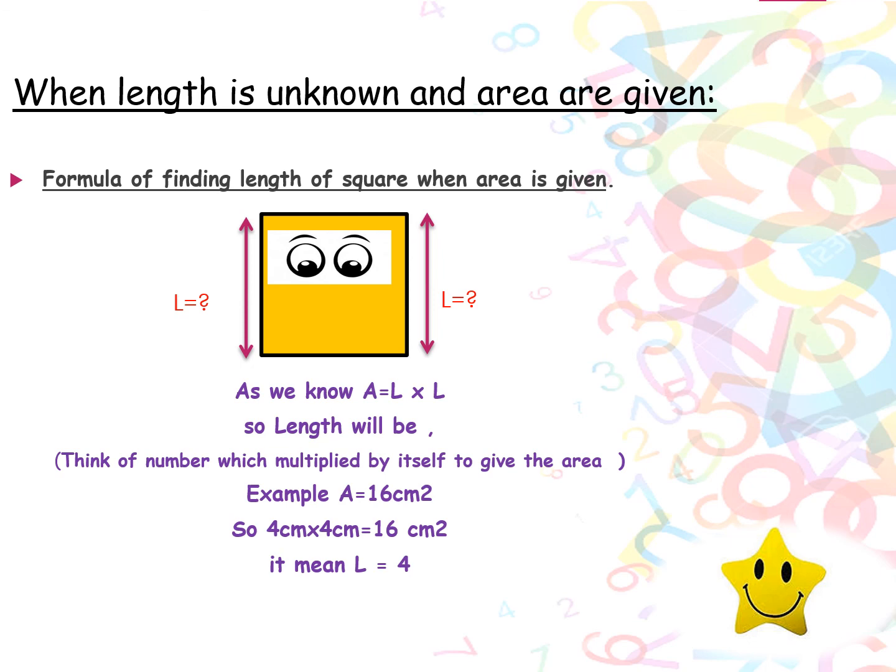Example, if we know the area equals 16 centimeters square, so think of a number which is multiplied by itself to give you 16. And there you get it. So 4 centimeter multiplied by 4 centimeter equals to 16 centimeter square. It means the L equals 4 centimeter.